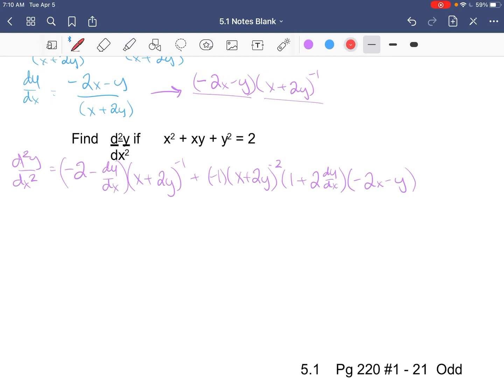All right, so now that we've got our second derivative, we want to start simplifying.